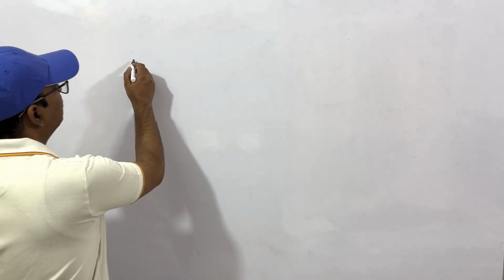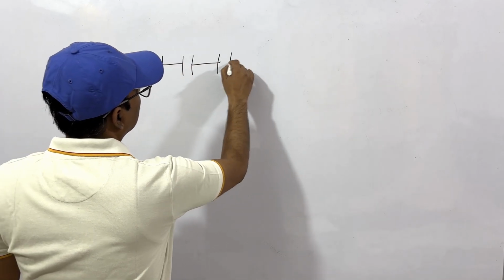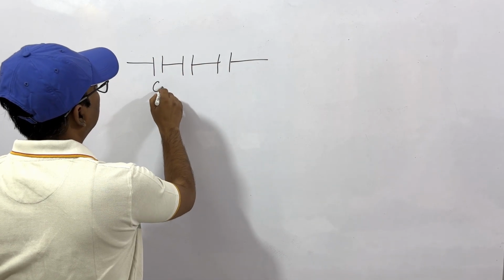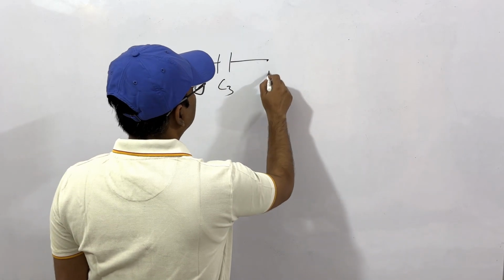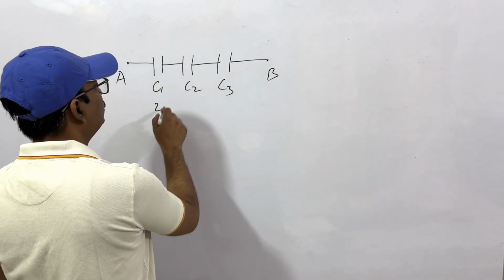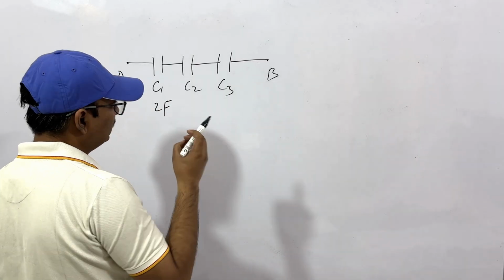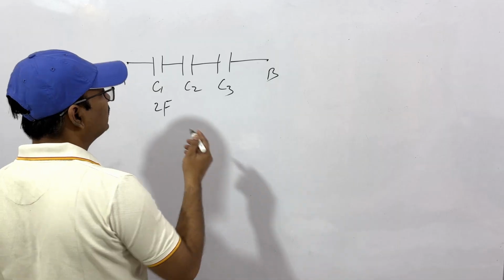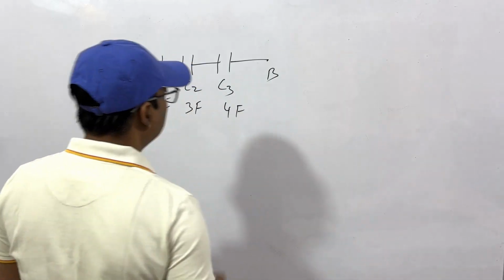Then let's see a simple one, 3 capacitors, C1, C2, C3. This is A, this is B. Let's say these are 2, 3 and 4 farads. Farad is a very big unit. You usually have capacitance in micro or nanofarads, but let's say, for example, 2, 3 and 4 farads. What is the equivalent capacitance?